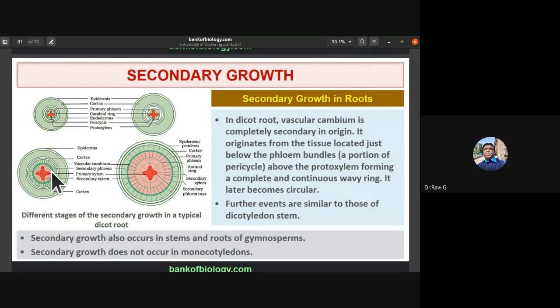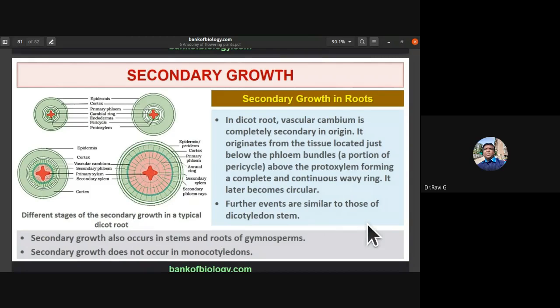That is, towards the inner side they are going to produce the secondary xylem, and towards the outer side, the secondary phloem. Similar to the dicot stem, the vascular cambium produces more secondary xylem towards the inner side, and less secondary phloem towards the outer side.